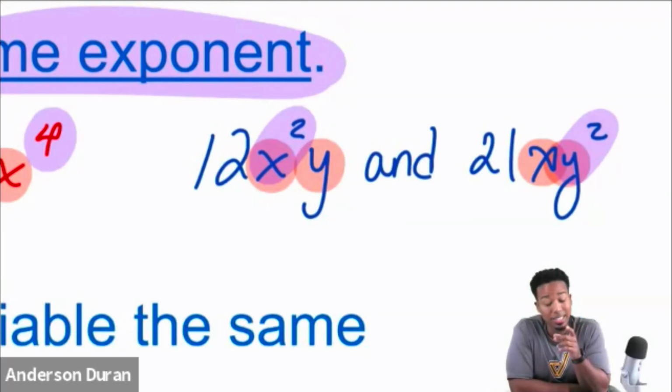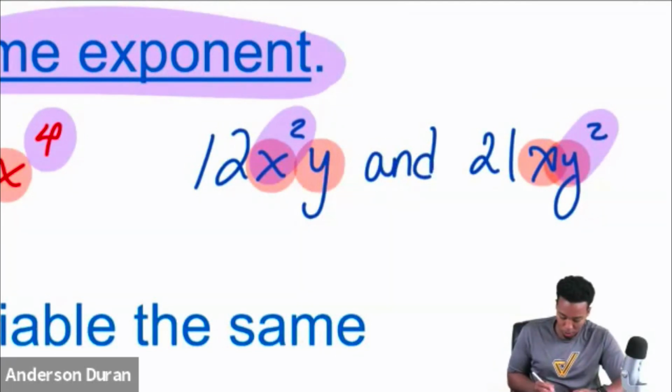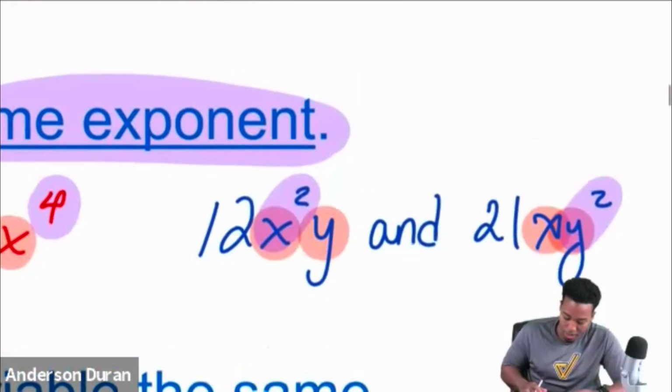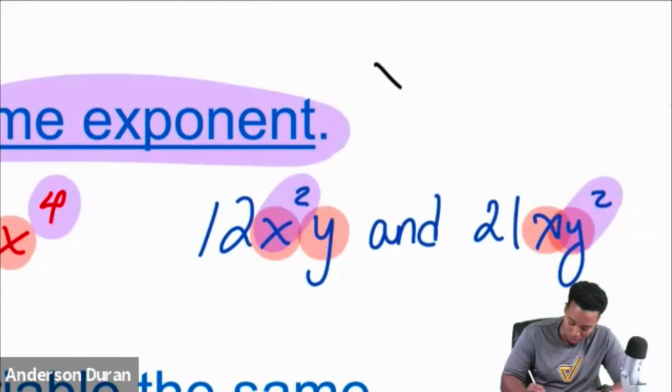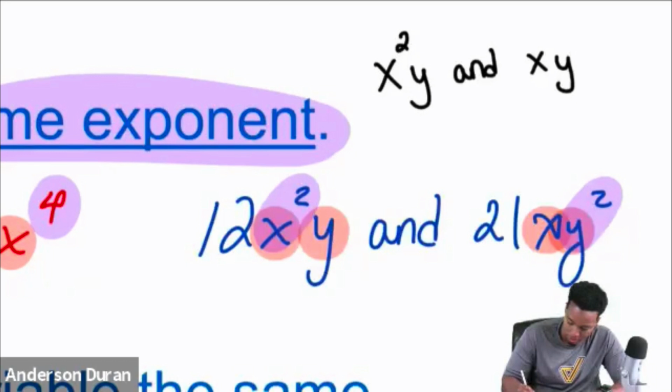So technically, these have different exponents. So they are not going to be like terms. So long story short, just to recap here, there is a difference between x squared y and xy squared. They are different. They are not like terms.